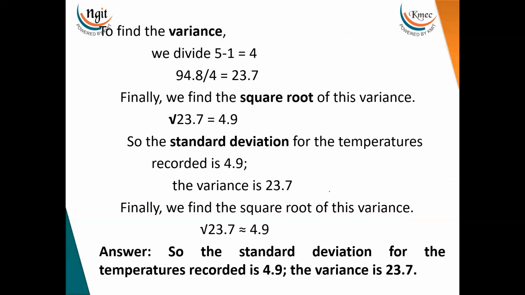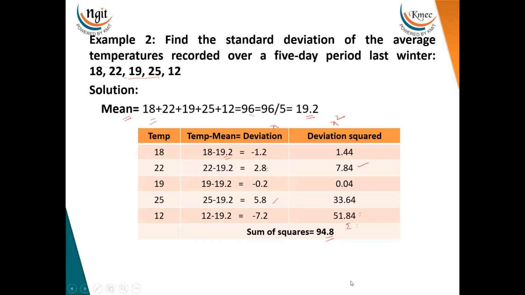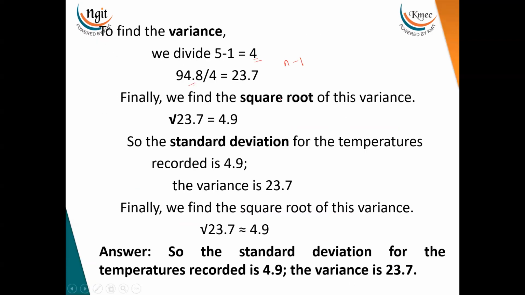Then the next step is to find the variance. What are we going to do? We are going to divide by 5 minus 1. Why? Because when we are finding the sample variance, it is n minus 1. So 5 minus 1 is 4. So it is 94.8, the value we got previously, divided by 4, which is 23.7.